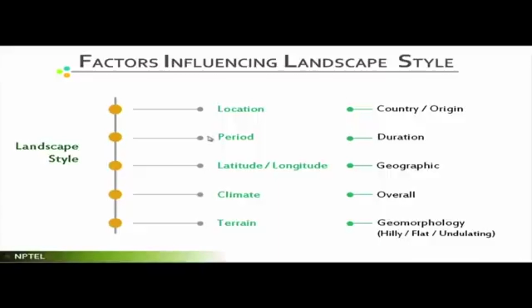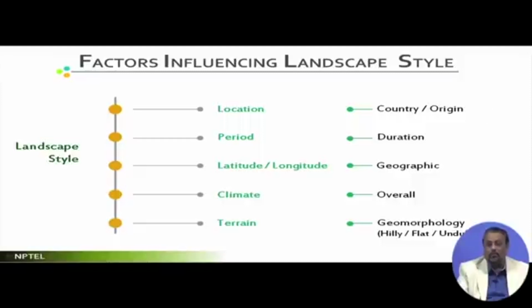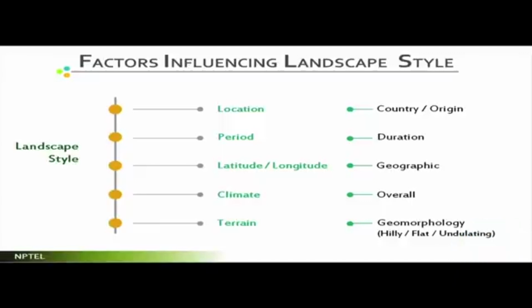It's by location, which means country of origin, periods, duration, latitude, longitude, that's geographic location, climate, that's overall, and the terrain, that is the geomorphology, whether it's hilly, flat, undulating.